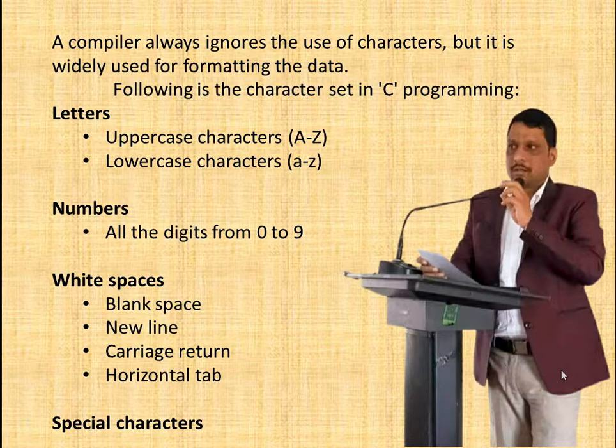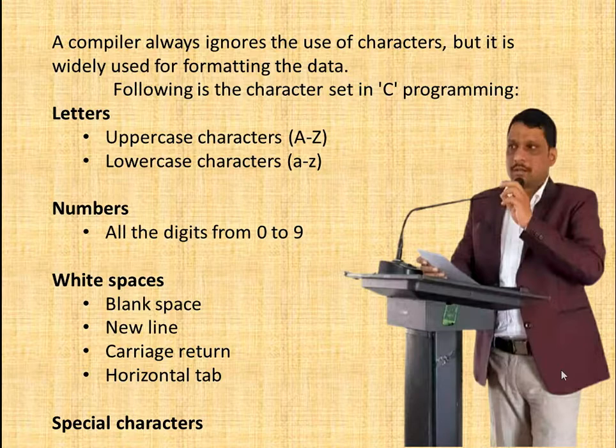And also the white spaces. Now, what is white space? White space is the blank space, new line, carriage return and horizontal tab. These are the set of white spaces, and blank space is one of them.